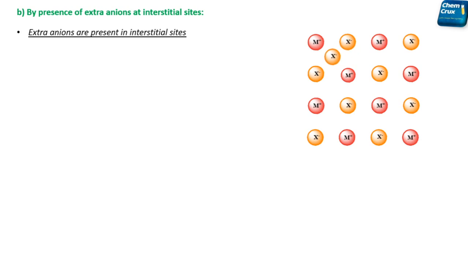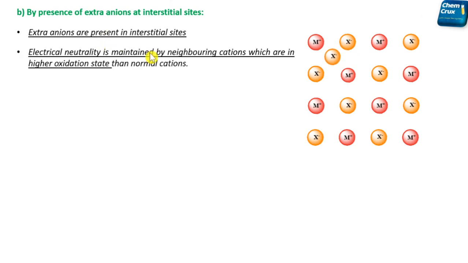Electrical neutrality can be maintained by neighboring cations which are in higher oxidation state than normal cations. So the extra -1 charge because of this anion can be balanced by an adjacent metal ion carrying +1 charge if it is replaced by same metal ion with higher valency of +2.